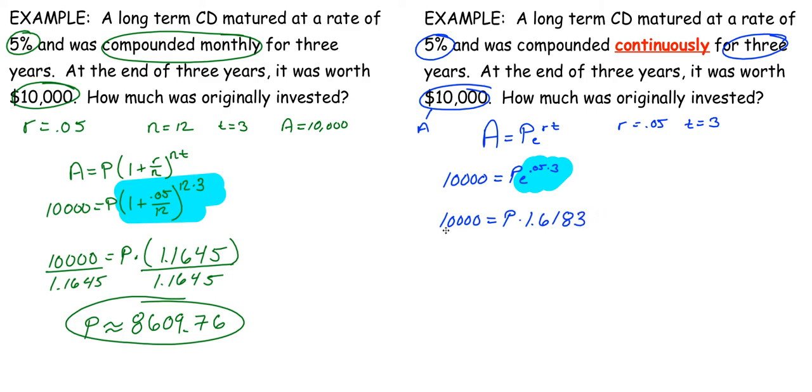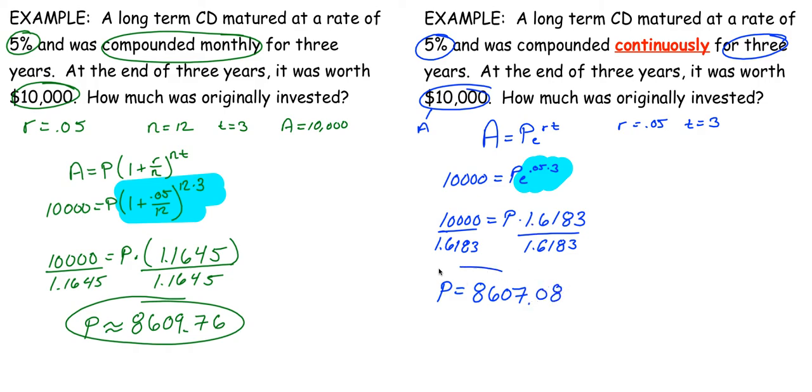Same thing, we're going to divide both sides by 1.6183. And so if we do 10,000 divided by that answer, we get P is equal to $8,607 and about 8 cents.